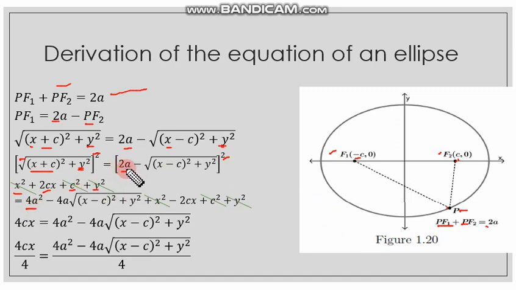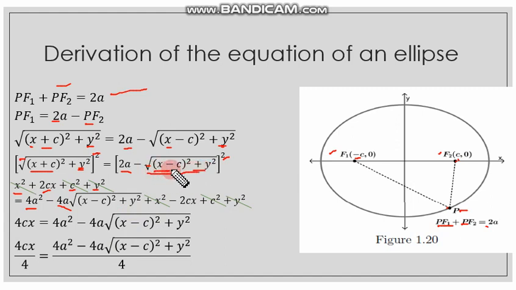Then 2 times 2a is 4a, times the negative square root of (x minus c) squared plus y squared, that's negative 4a square root of (x minus c) squared plus y squared. And then negative square root times negative square root is positive, the radical sign is removed, leaving (x minus c) squared plus y squared.